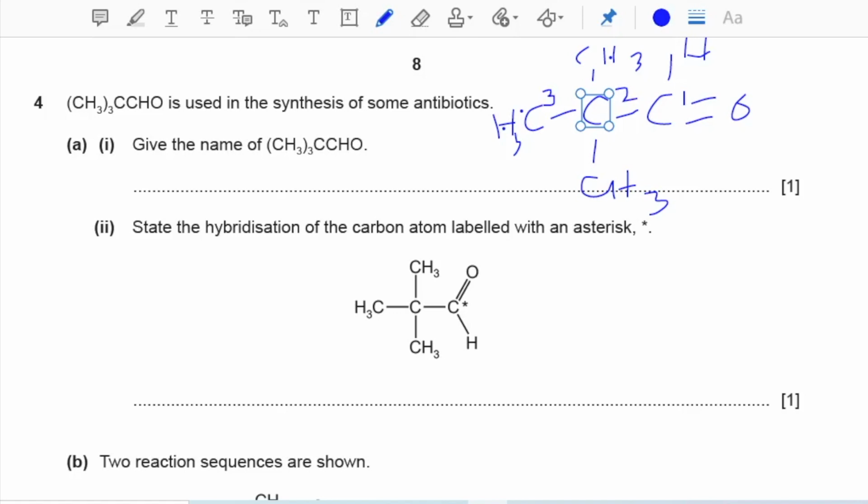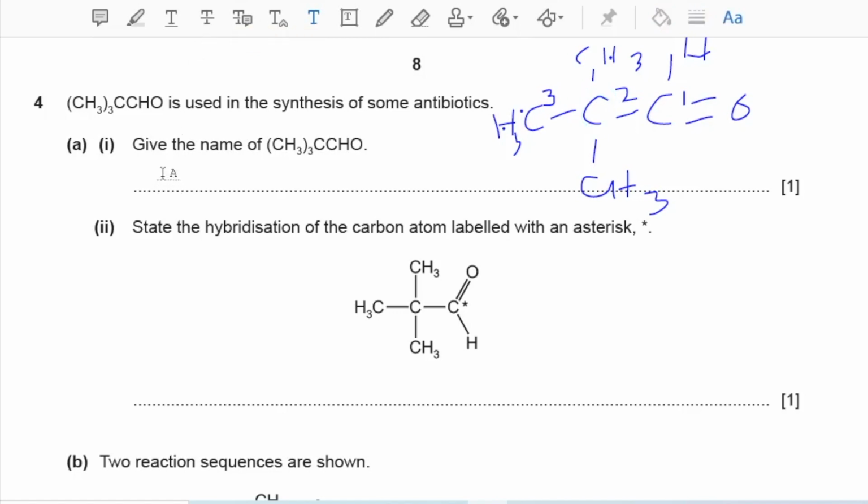This is the longest straight carbon chain for me. I could have taken this one, I could have taken this one, but since this is a straight chain, this is much easier for me. There are 2 methyl groups attached to second carbon atom, and longest chain has got 3 carbon atoms. Thus, naming ends with propanal, and the nal comes from CHO group.